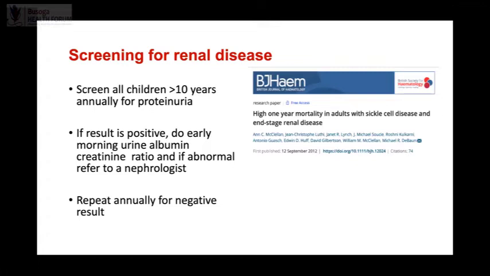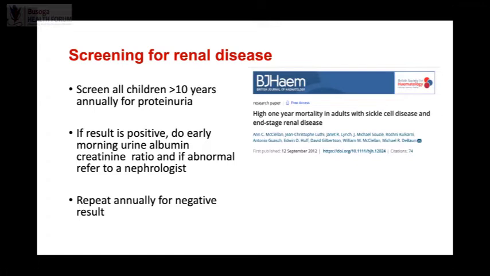If it is positive, then you go on and do additional tests. You do an early morning albumin creatinine ratio, and if it's abnormal, I think a ratio of greater than 1.5, you refer to a nephrologist who is going to start renoprotective medication like ACE inhibitors and other things. If it is negative, then you repeat the test every year.